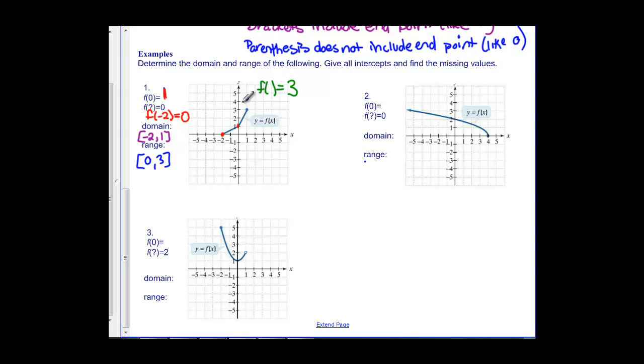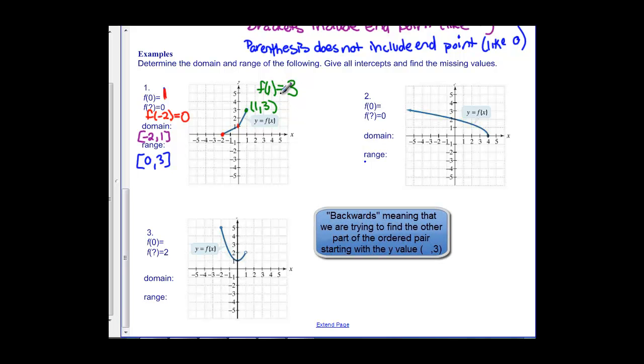Remember, the f of x together is the same as y. So this is saying where y is 3. So y is 3 here. What was the x value? So to be on the graph, we have the point 1, 3. So that means my x value has to be 1. So it's kind of going backwards right there.